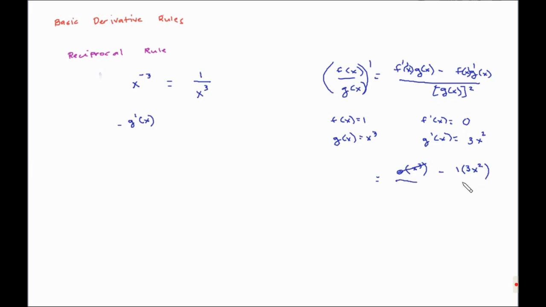Punta na tayo kay denominator. Si denominator, still, square pa rin siya. The square of x cubed. So, simplifying this, you are going to arrive with negative 3x squared over x raised to the 6th power. Ayan.